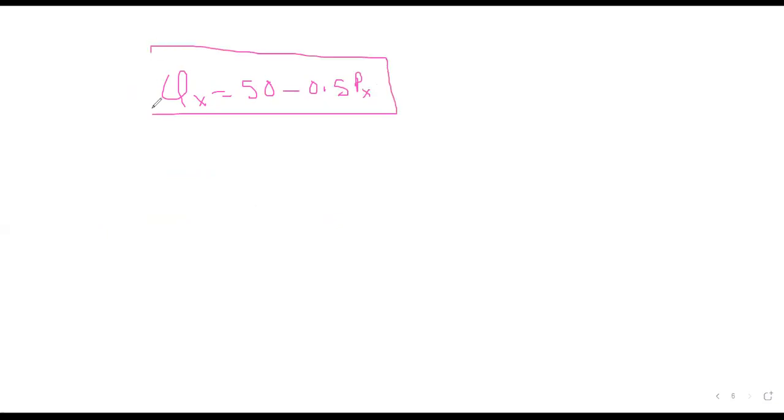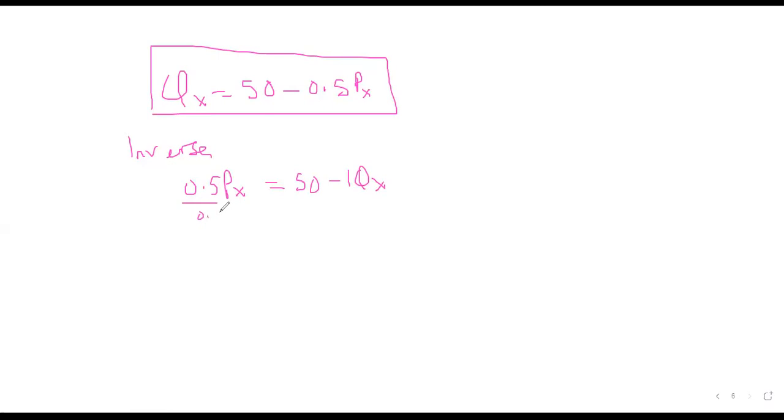And they'll ask you that whenever Q is subject of the formula, it's called the direct demand. Then they ask you to find the inverse demand. Inverse means you're making what? P subject. So what happens? This one goes aside, this one goes aside. So here we're going to have 0.5Px. And here is going to be 50 minus Qx. Then a visible one. So we want to make P subject.